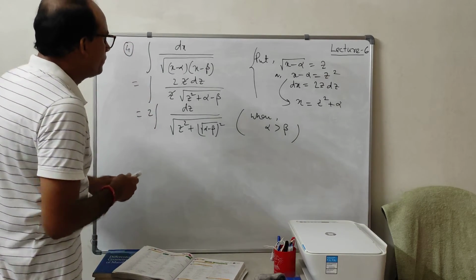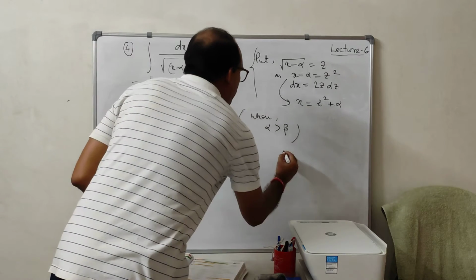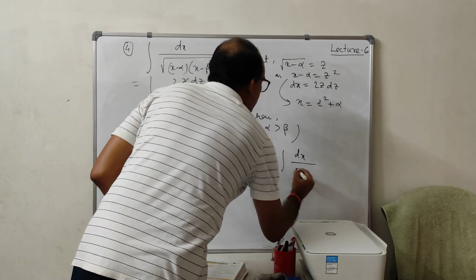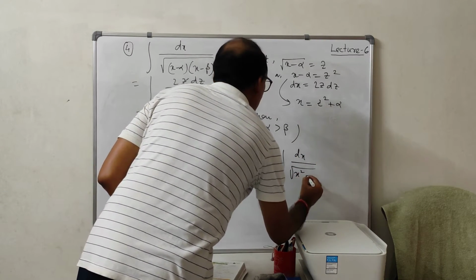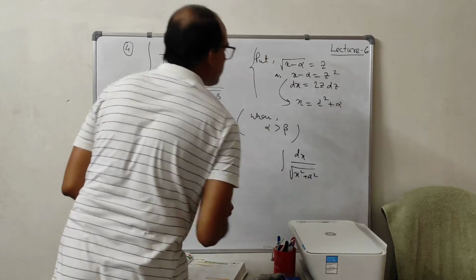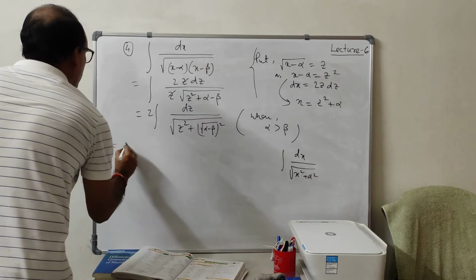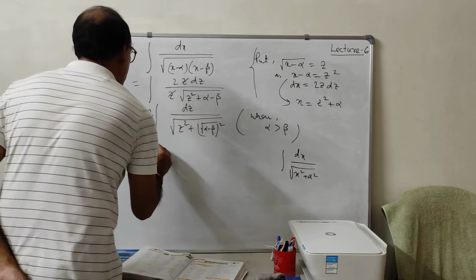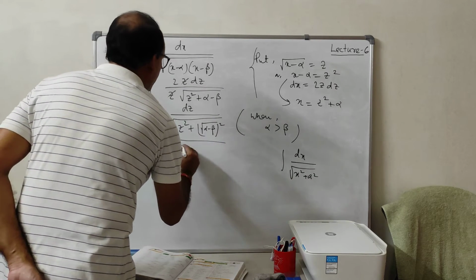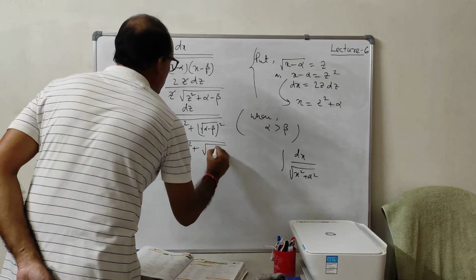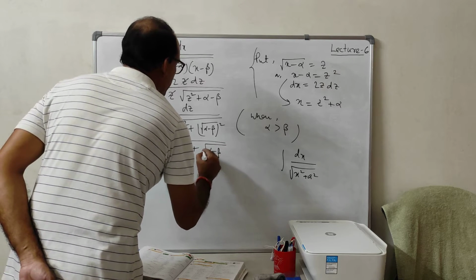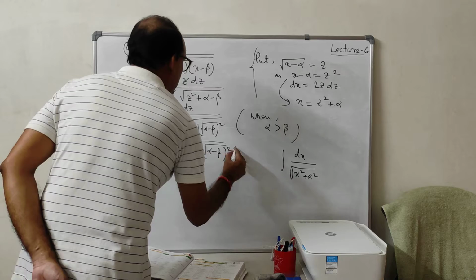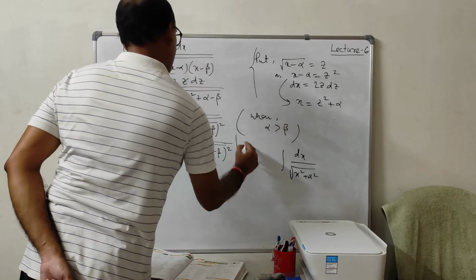Anyway, this is exactly in the form of the standard integral dx by root of x square plus a square. So this is 2 log, what is the result? 2 log mod z plus root of z square plus (root of alpha minus beta) whole square, plus c.